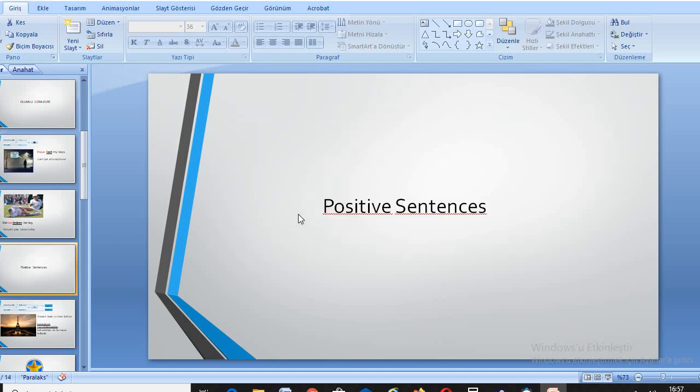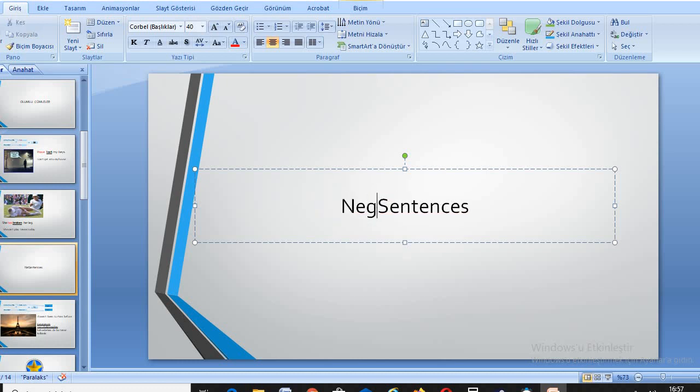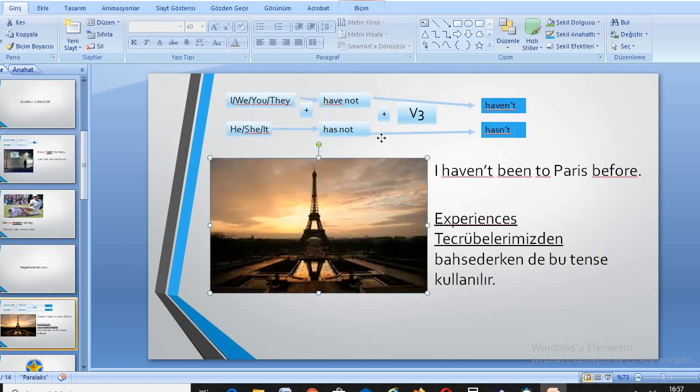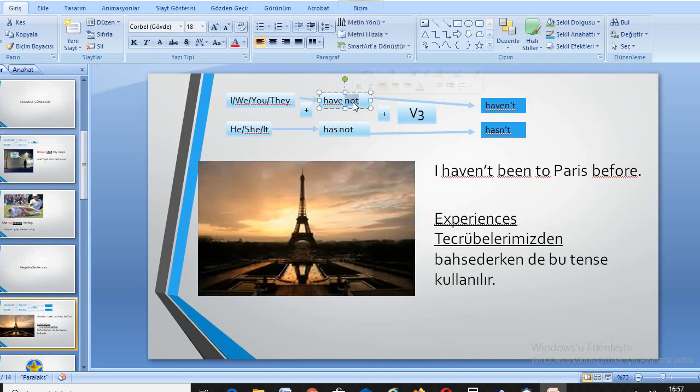these are not positive. These are negative sentences. Look, in negative sentences, as you know, we use what? We use not, of course. In negative sentences, we use not, and these nots come after have or has.